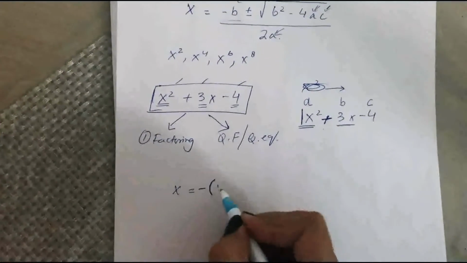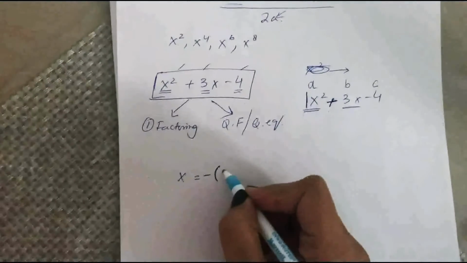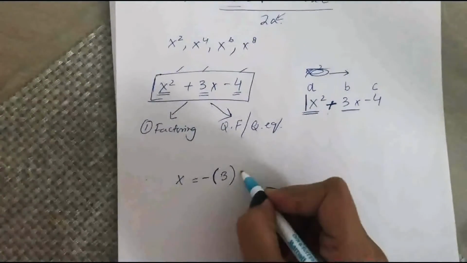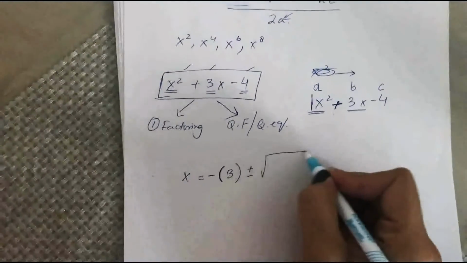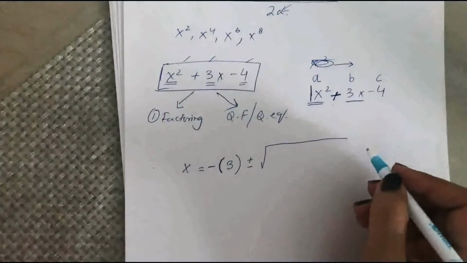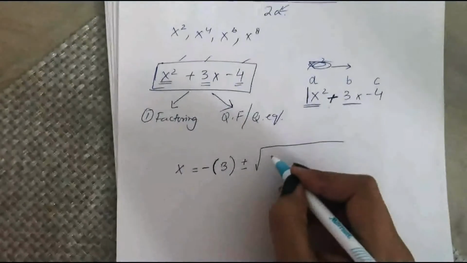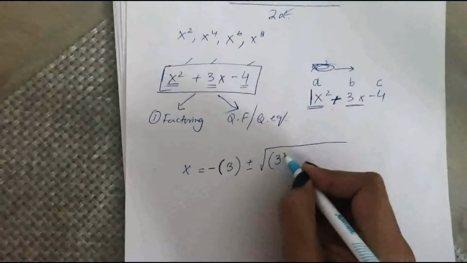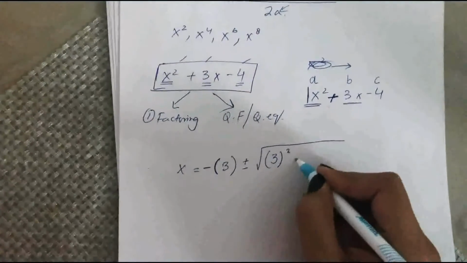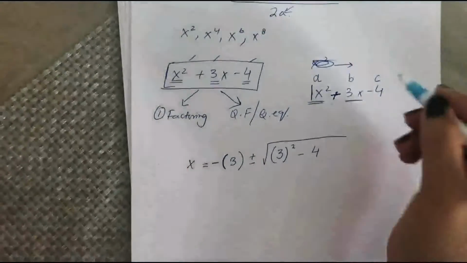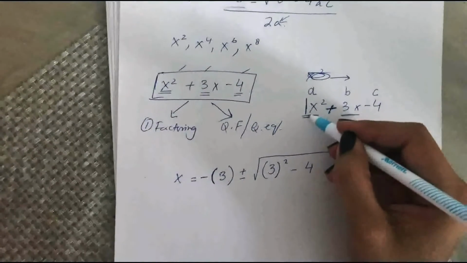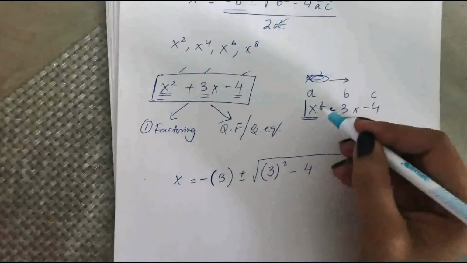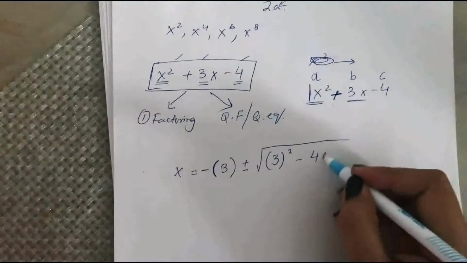Always try to have parentheses to be on the safe side. So we put 3, then plus minus, and we put the square root. The other b here is 3, put parentheses around it, squared, minus 4, and the number for a is what? 1. So we'll always have 1 here.